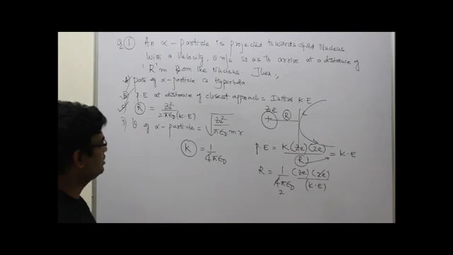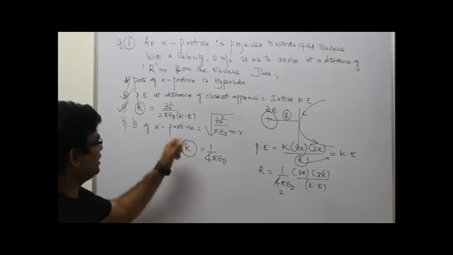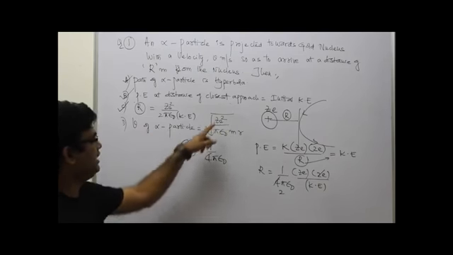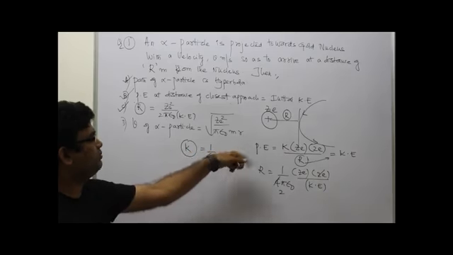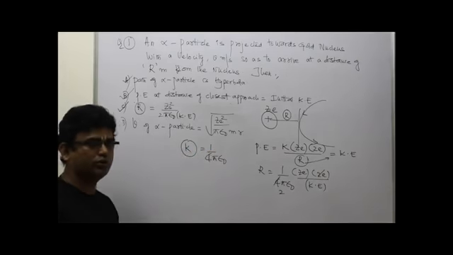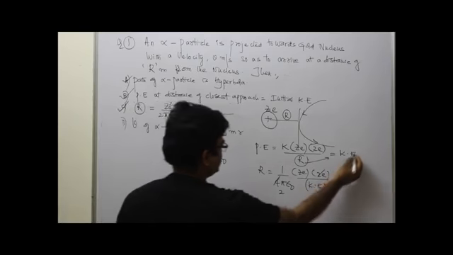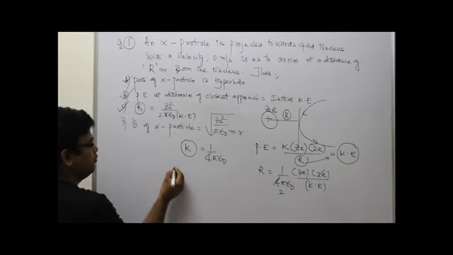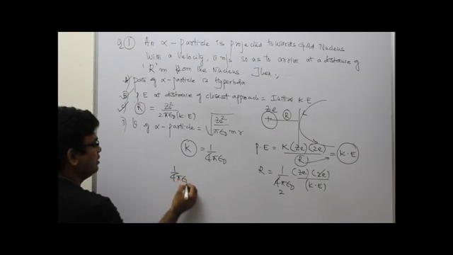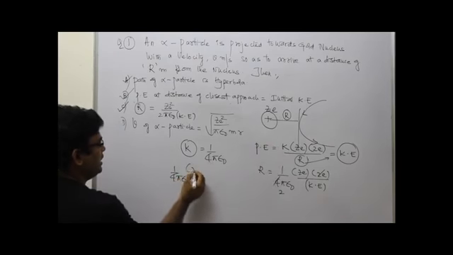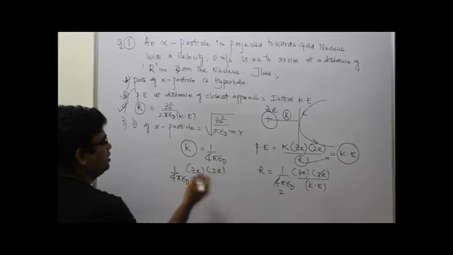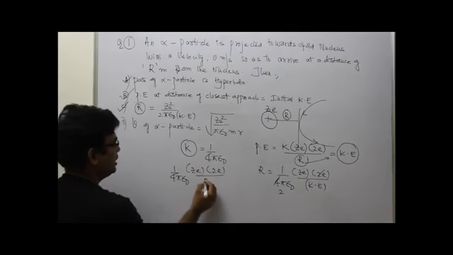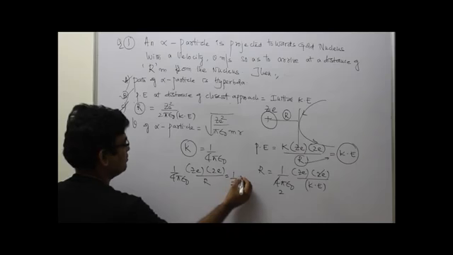And the final option, velocity of alpha particle can be ZE square by pi epsilon naught mr. How do you solve that? By using this relation. Let us solve that. 1 by 4 pi epsilon naught K value ZE into 2E by R is equal to half mv square.